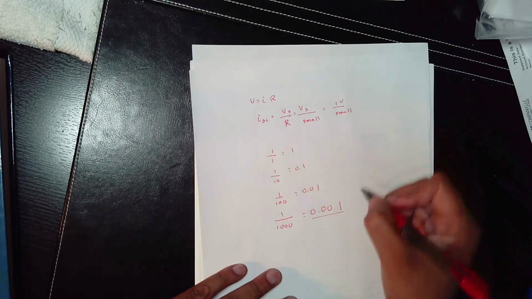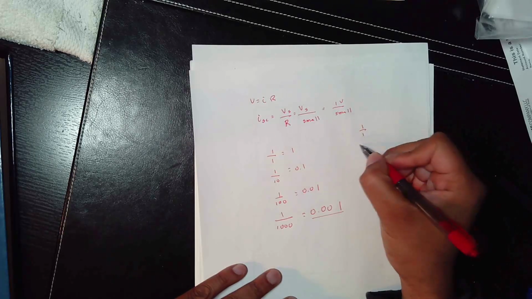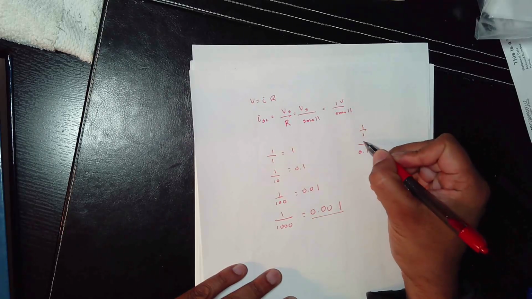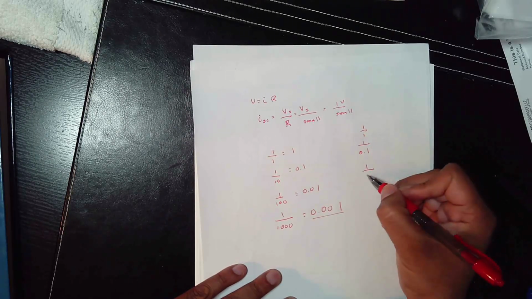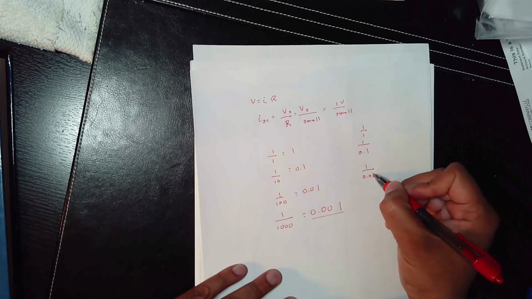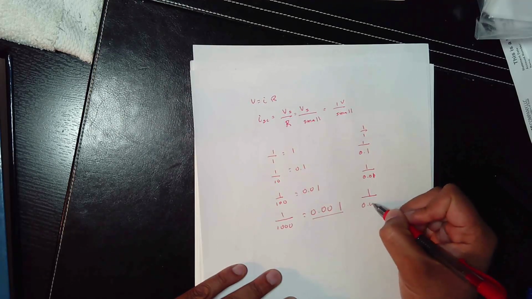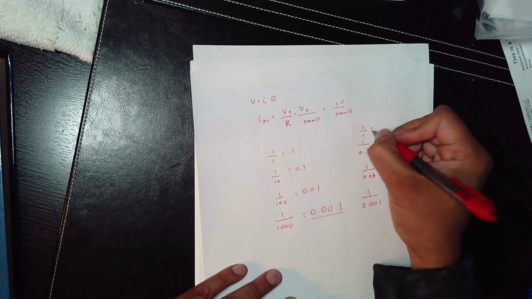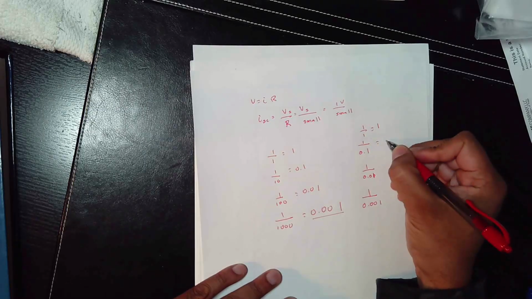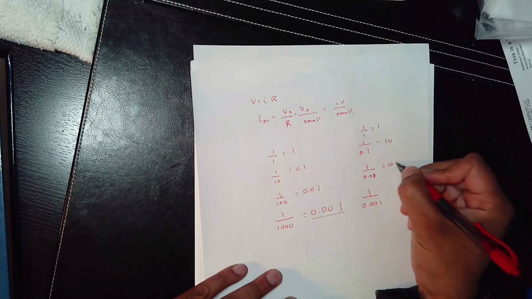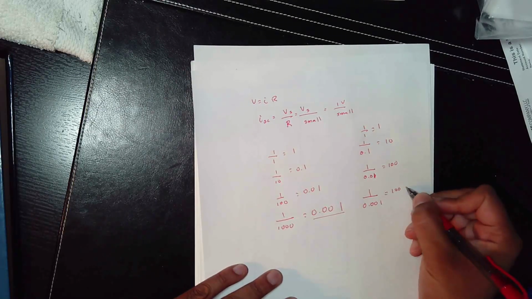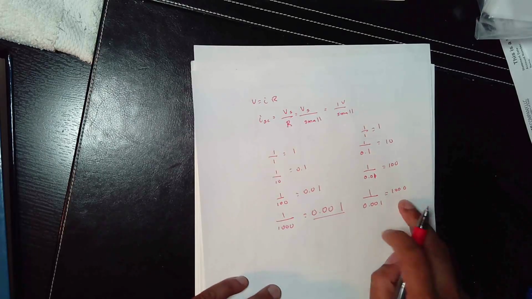So therefore, the opposite is true. 1 over 1, 1 over 0.1, 1 over 0.01, 1 over 0.001. So this is now 1. This is what? 10, 100, and 1,000. So the smaller the resistance gets, the larger the current gets.